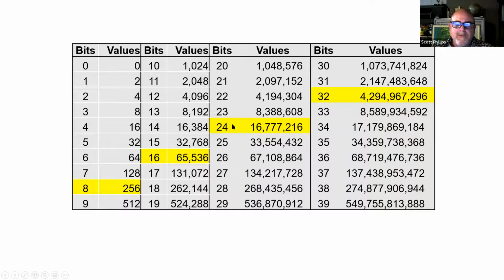If you go up to 24-bit, like 24-bit color, you might hear in computer applications, that's about 16 million. 32-bit, you can have 4 billion, and so on. So sometimes you might hear of software being 32-bit or 64-bit, and this is what they're talking about: how many values can be represented at an individual level.